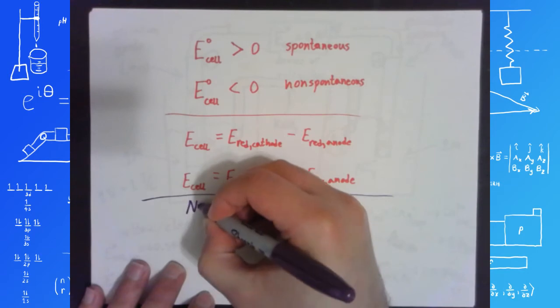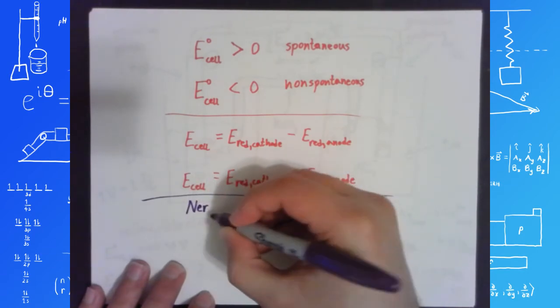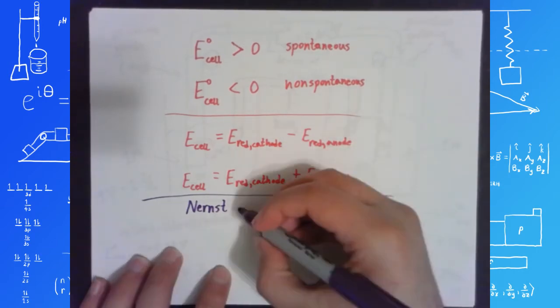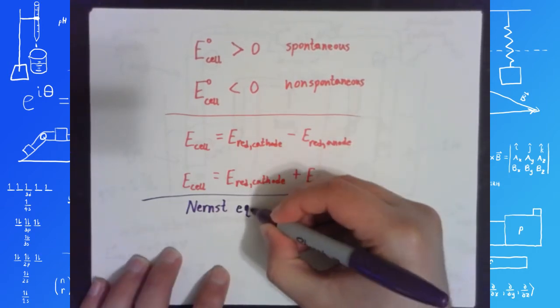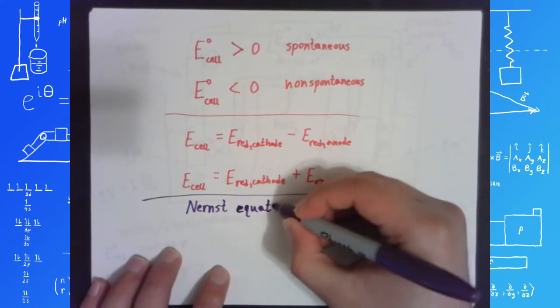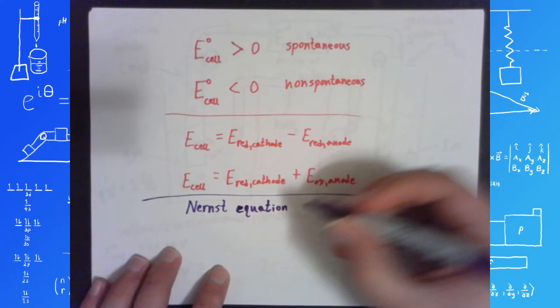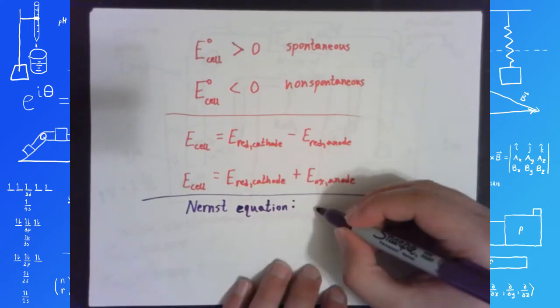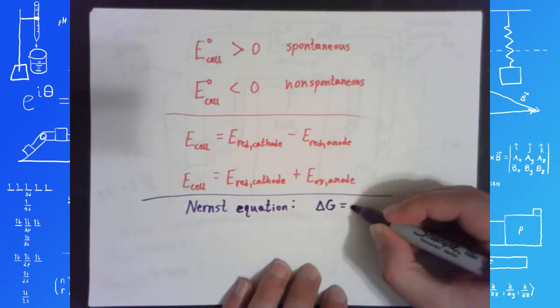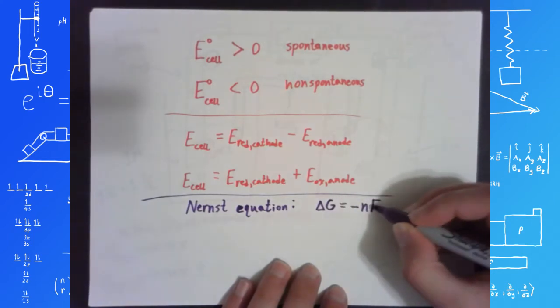So we have a formula that connects cell potentials to free energy. It's called the Nernst Equation. And it simply says that delta G is equal to negative NFE.